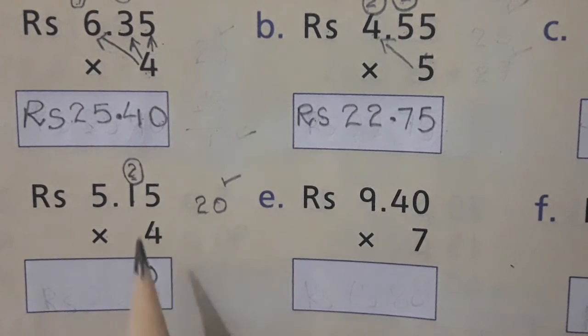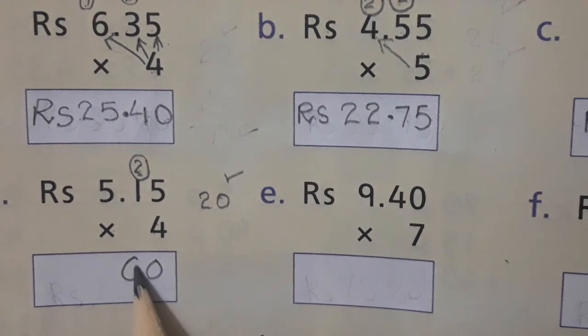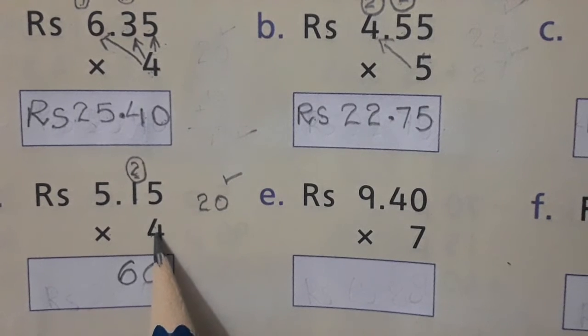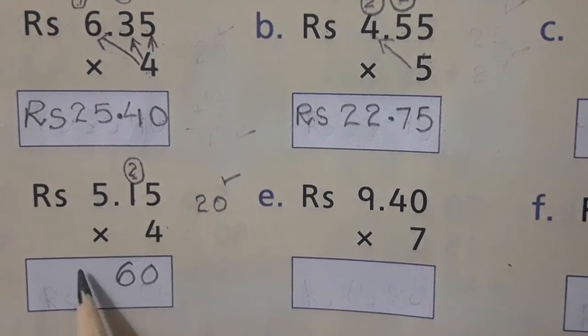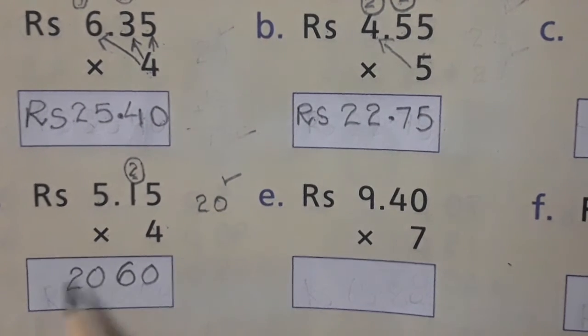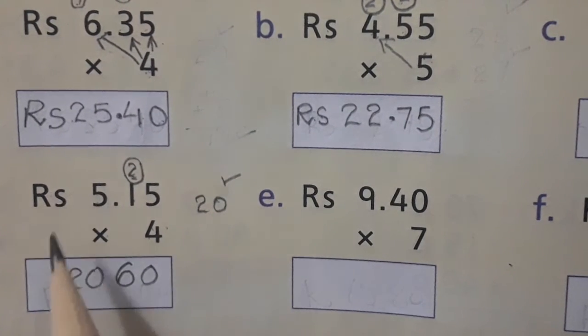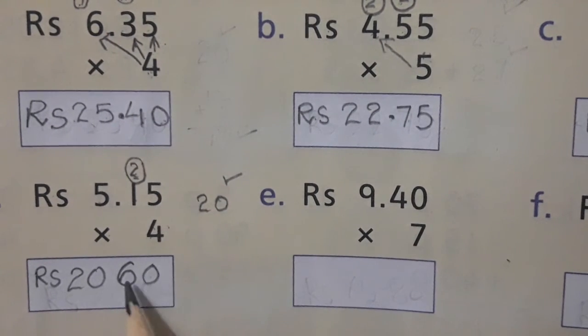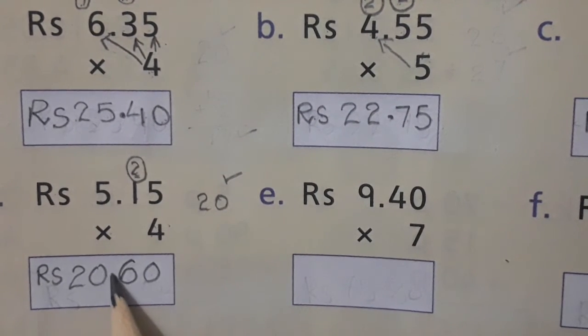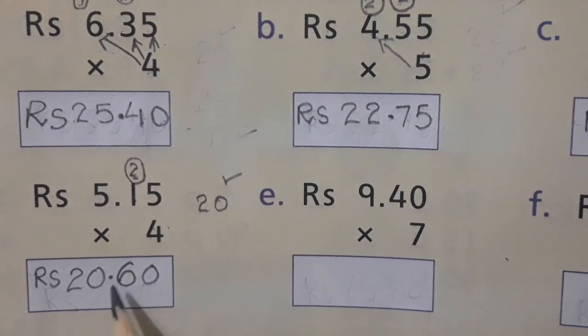How many? Just count on your fingers. 6. Good. Now this number is left. 4 fives are 20. Below rupees we will write the answer, and after two digits, 1, 2, we will put a point from our right side.